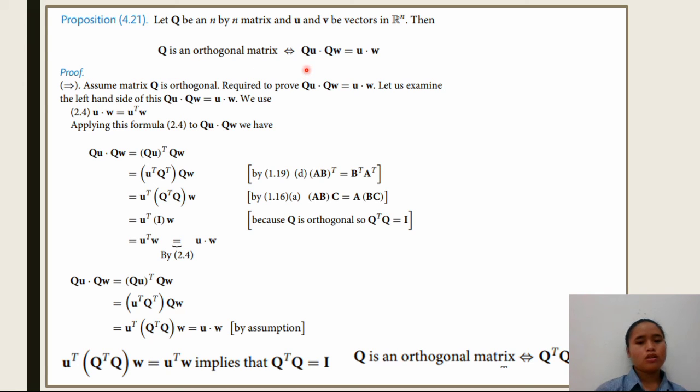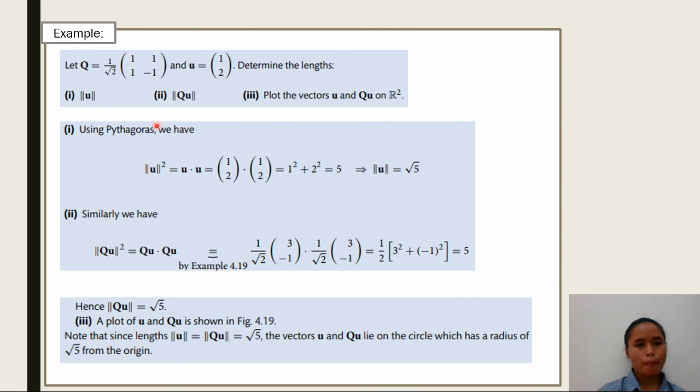QU times QW equals U times W. So this is the proof. From the proof, we get this. For example, we have Q and U. So the length of U is this, and now for number 2, the length of QU squared is 5.